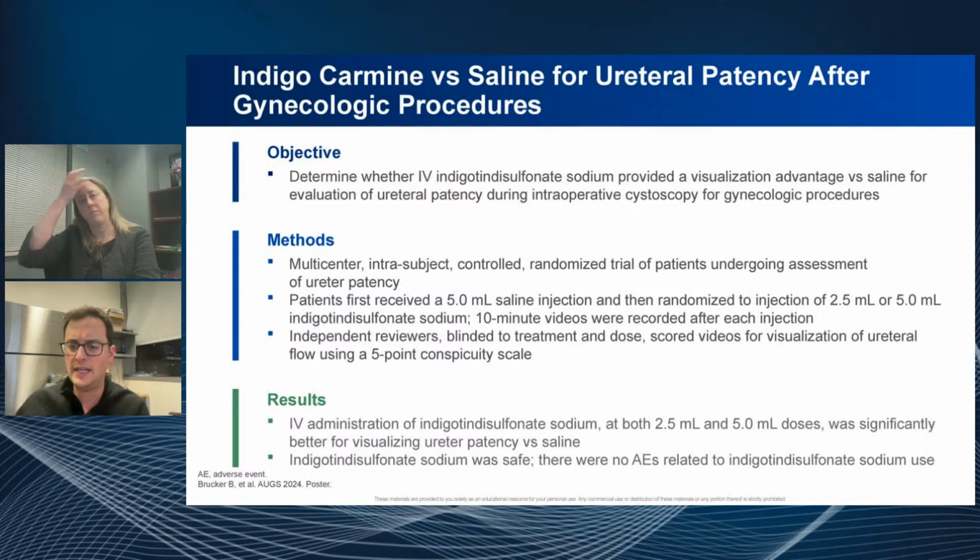Videos were taken, and what we did beforehand was come up with a score. It was called a conspicuity score. It sounds funny, but one was you can't really see anything, and five was, wow, that's a striking, nice dark jet. Obvious. Yep.